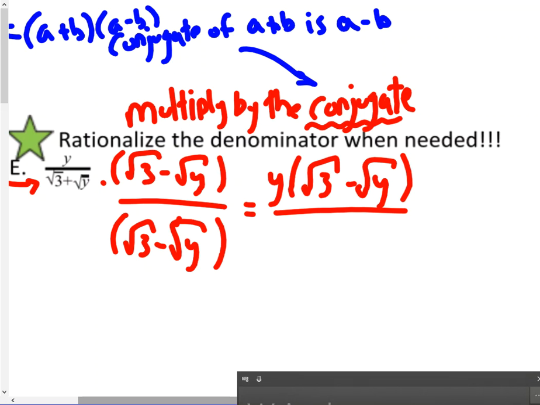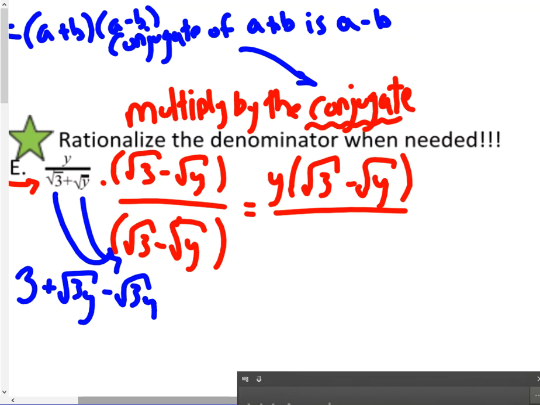Watch me FOIL this all out. So we have the square root of 3 times the square root of 3 is just 3. We have square root of y times square root of 3 is the square root of 3y. The square root of y times the square root of 3 times negative the square root of y is minus the square root of 3y, and then the square root of y times negative the square root of y is minus y. This is the FOILed version.